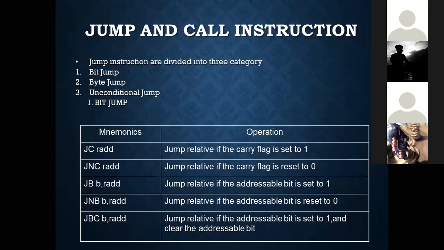Otherwise, this jump operation takes the program to another memory location which is not the consecutive memory location. That means after this memory location, some other memory location will be there in the program counter.